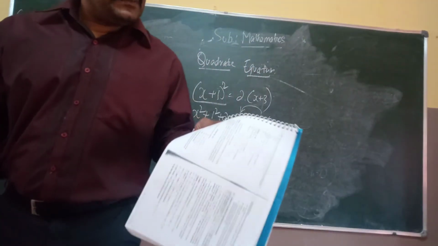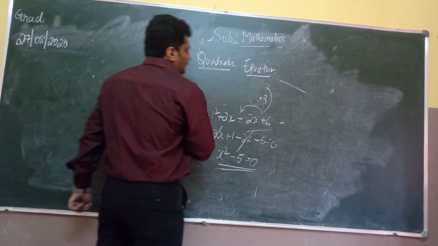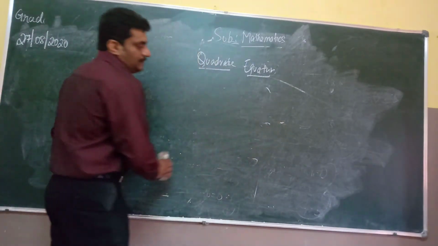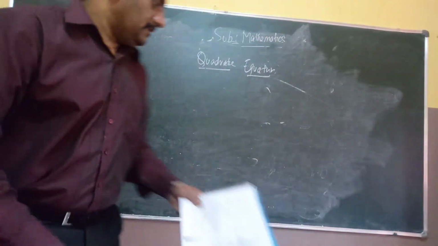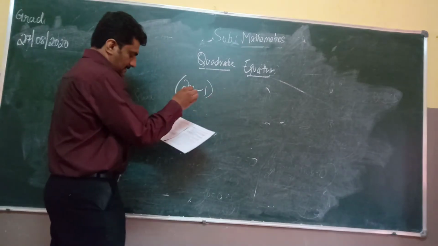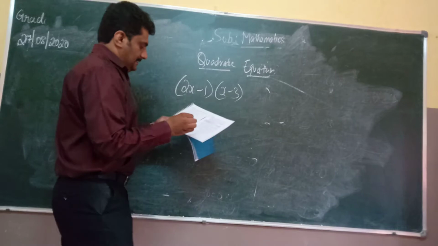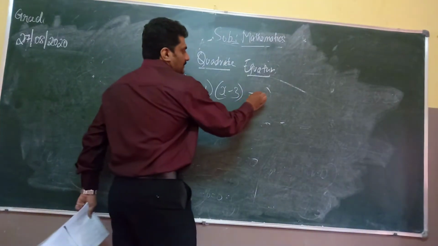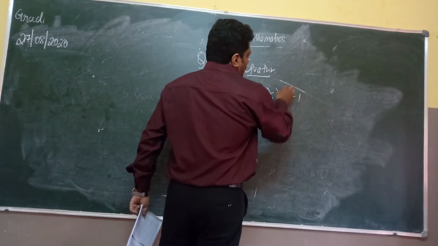Next one, x plus 2 whole cube. Okay, let's see this. 2x minus 1 times x minus 3 is equal to x plus 5 times x minus 1.